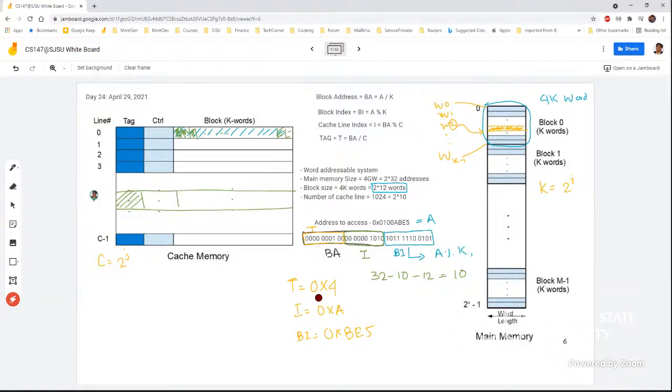The system will go and access this cache line 10 and try to match this tag value with the stored tag value. Let's say the stored tag value was 4, and it matched. Then it will access this block index, maybe somewhere here, and retrieve the value and send it back to the processor.